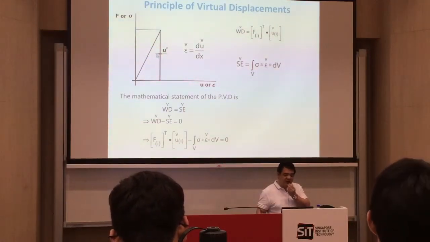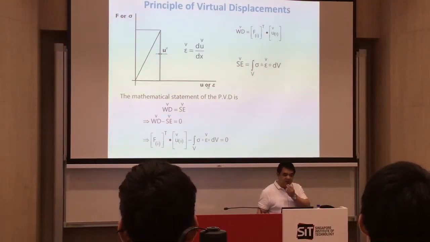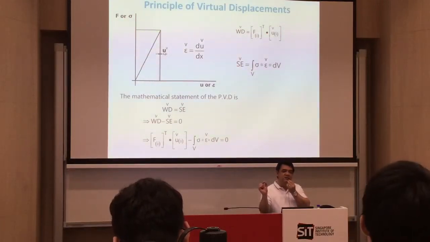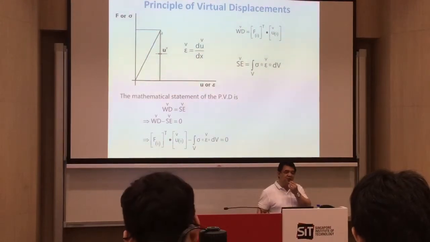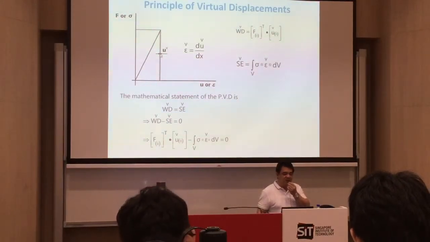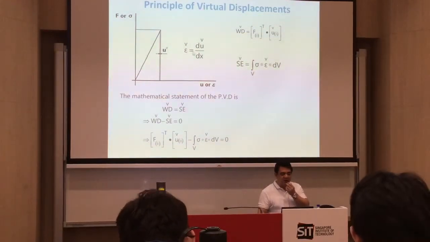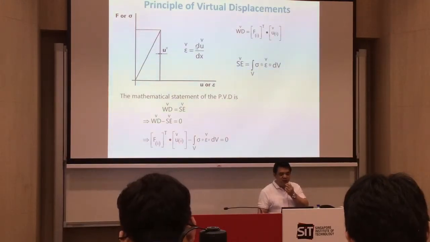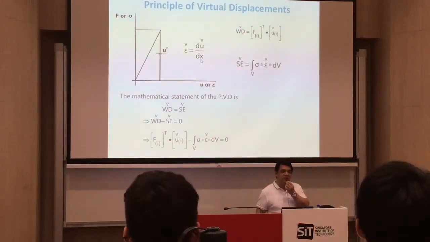The displacement here, because the axis here is the displacement, will be a virtual displacement. Just a very small displacement, no change in the force or whatsoever, just apply a small virtual displacement. So this virtual strain is equal to the derivative of that virtual displacement with respect to x.